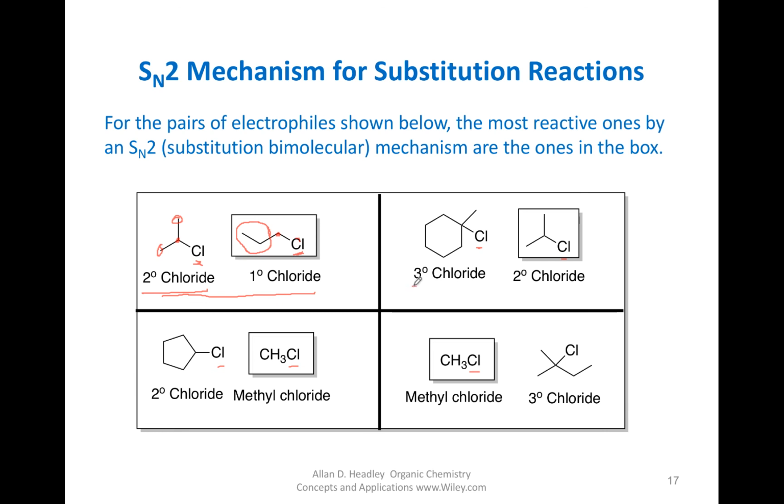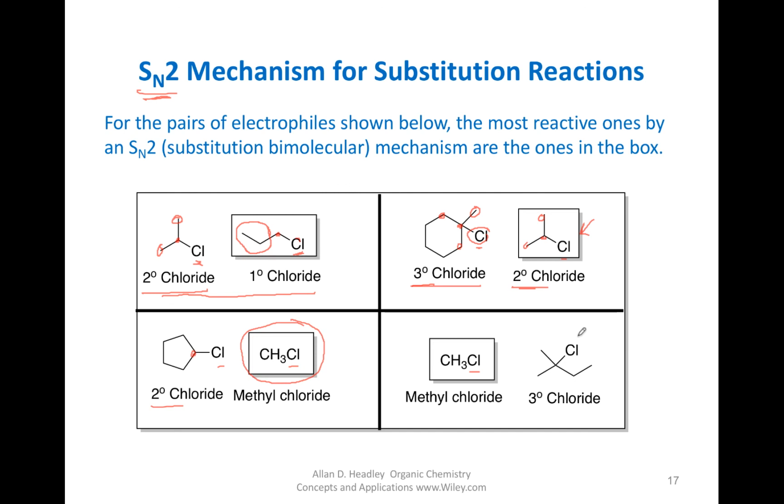Let's look at this. This is a tertiary chloride. Why? Carbon here that has the chlorine is bonded to 1, 2, and 3 alkyl groups, tertiary. This is a secondary which is bonded to 1 and 2. So therefore this is more reactive by the SN2 mechanism. Let's look at this one. This is a secondary and this is a methyl, as you can imagine. So therefore this is now more reactive by the SN2 mechanism.